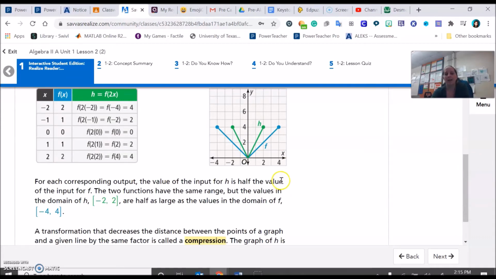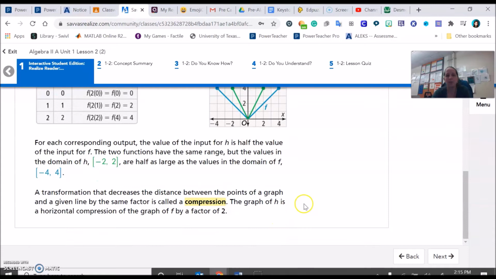For each corresponding output, the value of the input for h is half the value of the input for f. The two functions have the same range, but the values in the domain of h, -2, 2, are half as large as the values in the domain of f, -4, 4. A transformation that decreases the distance between the points of a graph and a given line by the same factor is called a compression.